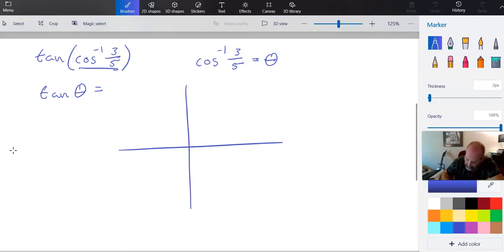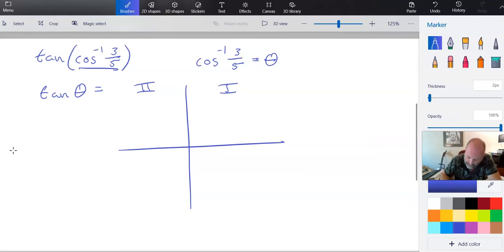Okay, well, what we can do with this is we can actually draw a picture. I know cosine inverse operates in quadrants 1 and 2. Cosine inverse is negative in quadrant 2, the angles. So here's how I'm going to deal with this thing.